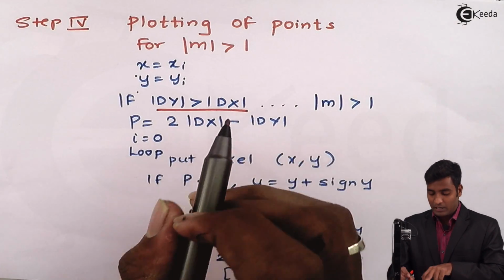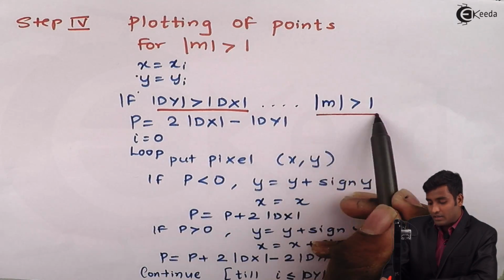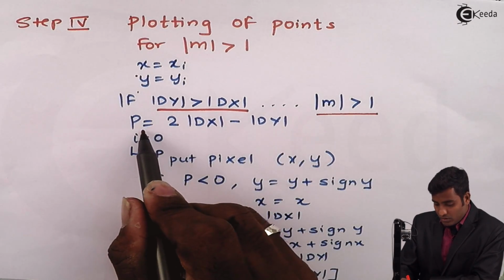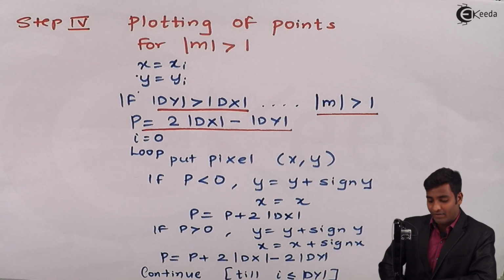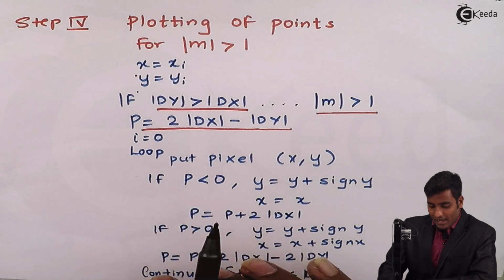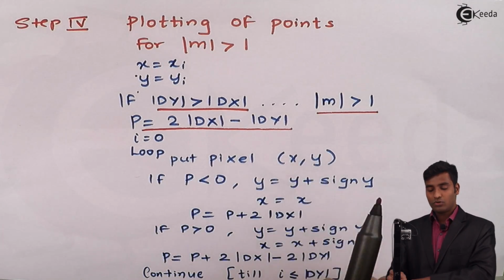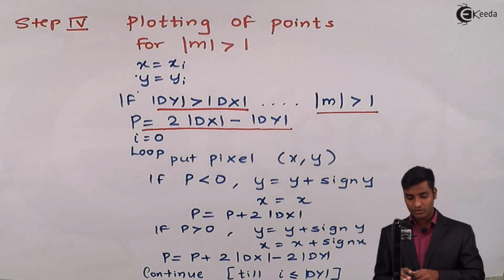You can see the value of dy is greater than dx, that's why the slope is greater than 1. After this I will use the distance parameter relation as 2 dx minus dy, and next I will put the pixels, that is i equal to 0. So I have the starting point value, that is x comma y.